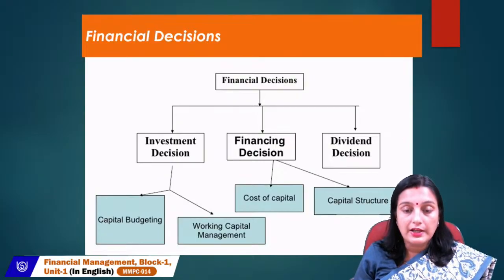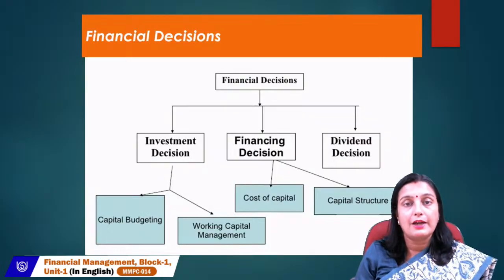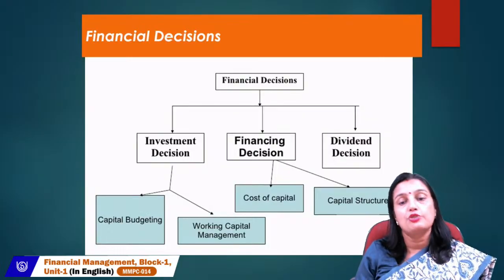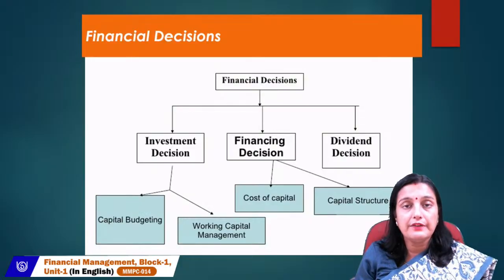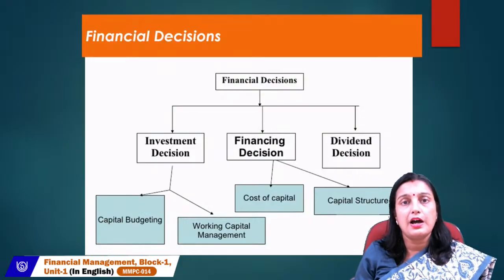When you acquire capital like equity share capital, you must pay dividend to the equity shareholders. When you acquire capital from debentures, you must pay interest to the debenture holders. This interest is a cost for the company.